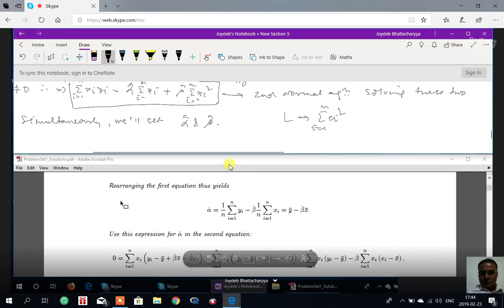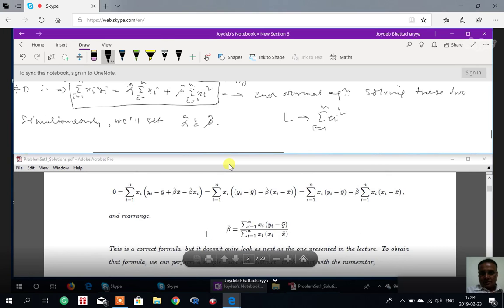Now, if you substitute, then they will get the estimate of alpha hat as y bar minus beta hat x bar. And the beta hat, if you solve it, this will be your expression for alpha hat and beta hat.